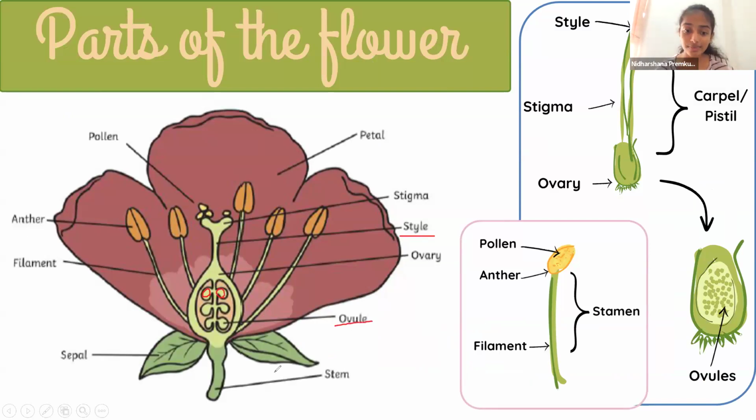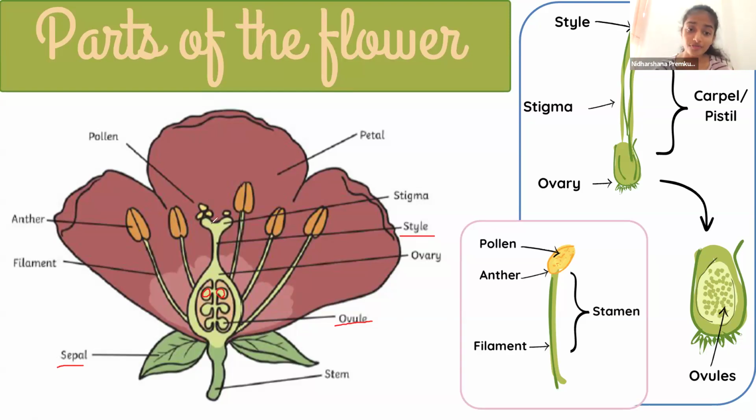Then the stem that we all know, the leaves, but then when you see a flower, there are small leaves under it, which are for the purpose of protection actually. They are called the sepals. They are not the leaves. The leaves are the ones you can see on the stem, but these are right below the petals. They are called the sepals. They are for the protection of the flower.